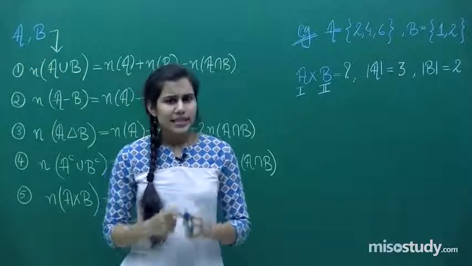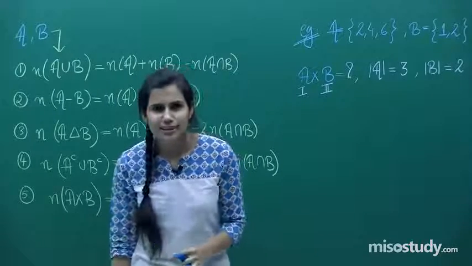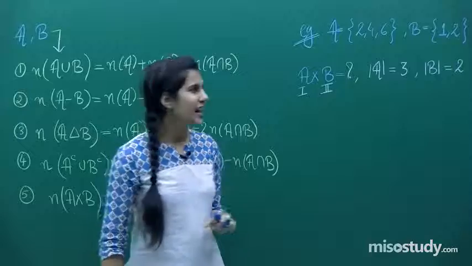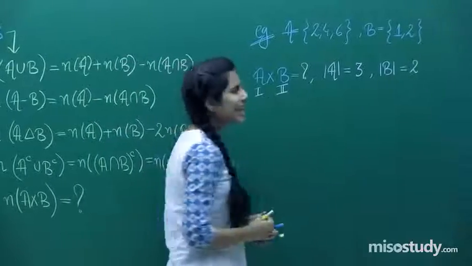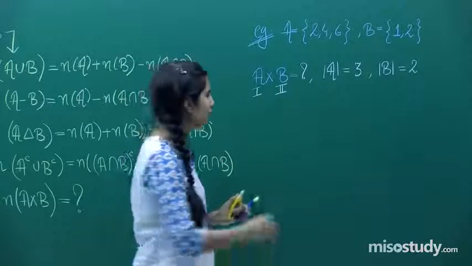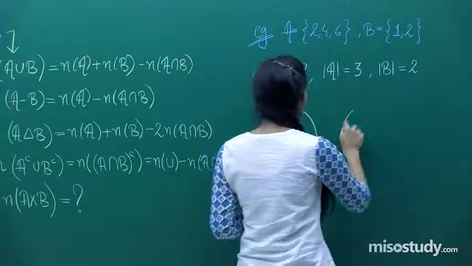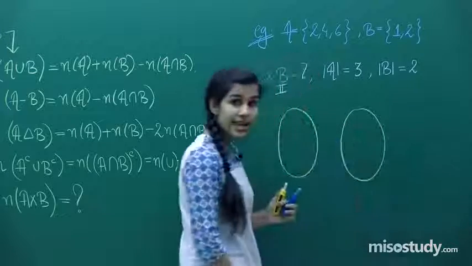So what do you think? Is this information enough to find out the number of members sitting in A cross B? Let's try and unfold that. Because my A is the first set and B is the second set, I am going to draw A first and I am going to draw B the second.